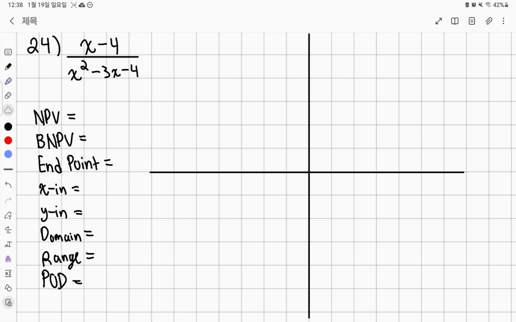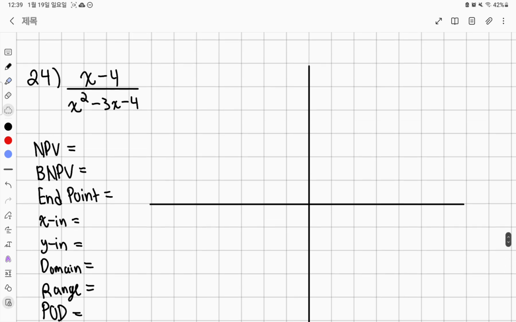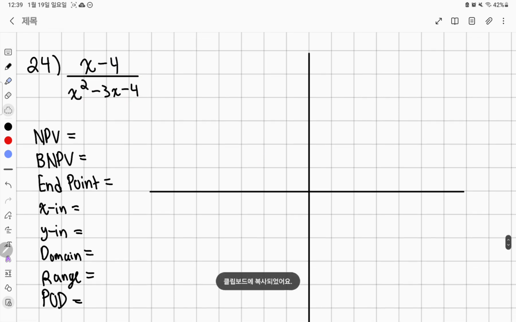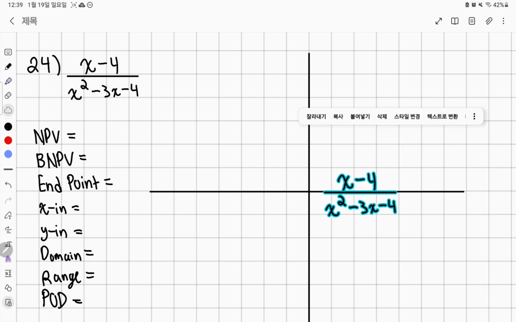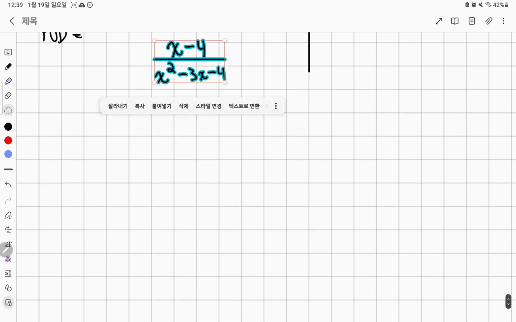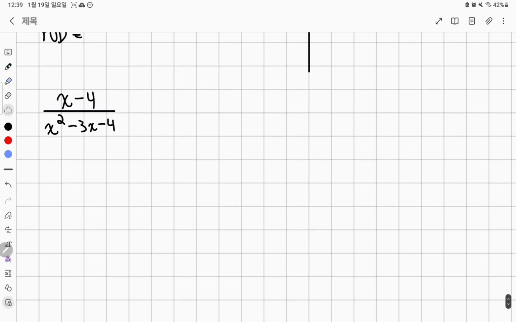Let's go. The first thing that we're going to do is simplify this equation as far as we can. I'm just going to solve it from here so we have more space.